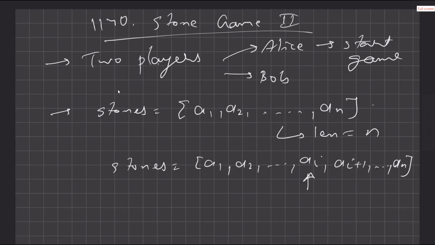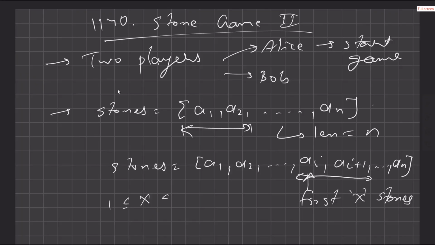He can take the first x stones. Since Alice is starting first, she can take the first x stones. What is x? X will have a value from 1 to 2M. And what is M? M initially will have a value of 1.